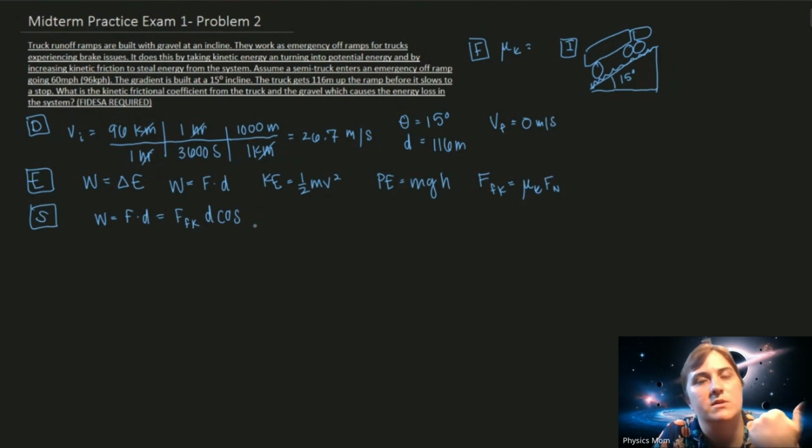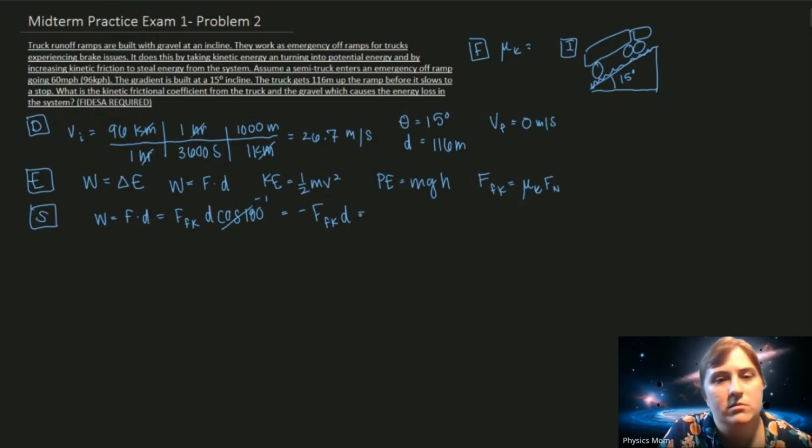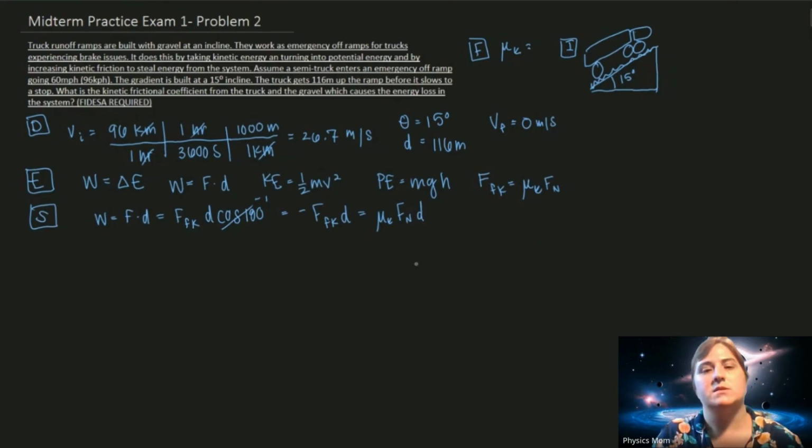Friction is always opposing the motion, so it's always 180 degrees, which gives me -1. So it's going to equal negative the frictional force times the distance. And then if I think about the frictional force, I can expand this equation. It's a frictional coefficient times the normal force times the diagonal distance it travels.